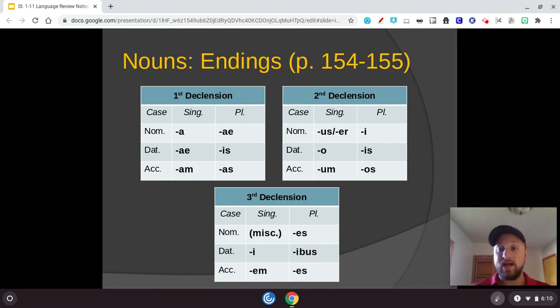Dative is an indirect object, or that to or for someone sense. Singular is one, and the ending that corresponds is o. And in the third declension, to say that one person is receiving the action, the ending would be em. Accusative is direct object receiving the action. Singular is one, and em is the ending that applies to it.